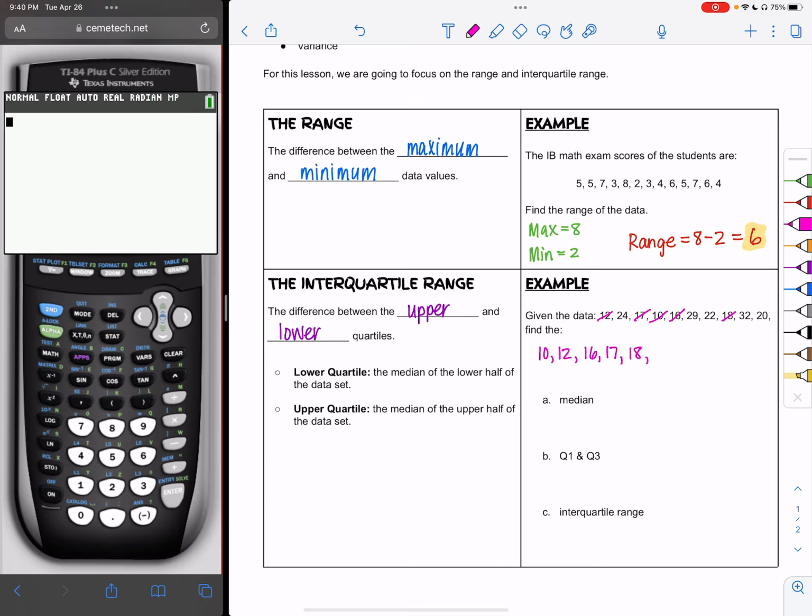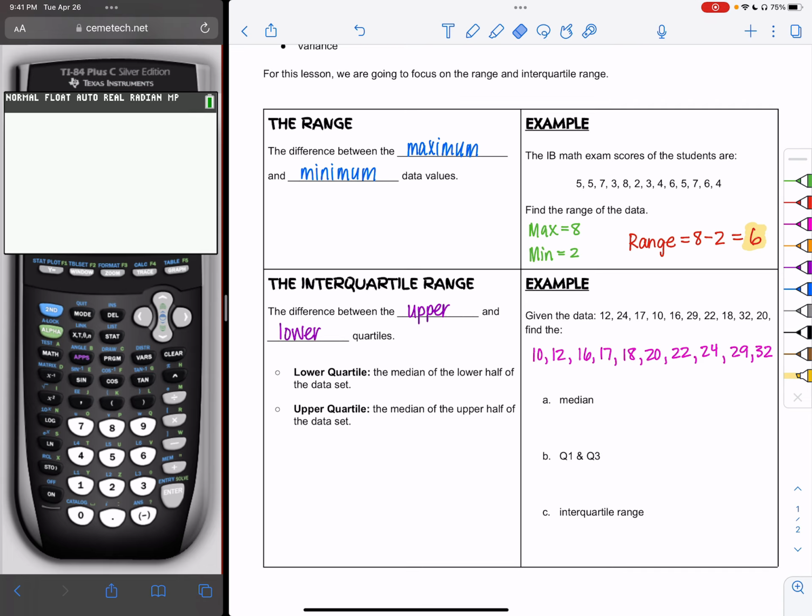And then we have 22, 24, and I skipped a 20 here. Then we're going to have a 29 and a 32. All right, so these are my numbers in order, and I always make sure to count to make sure I have the same amount of numbers. So 1, 2, 3, 4, 5, 6, 7, 8, 9, 10. And I'm going to check to make sure I have 10 in my new set. 1, 2, 3, 4, 5, 6, 7, 8, 9, 10.